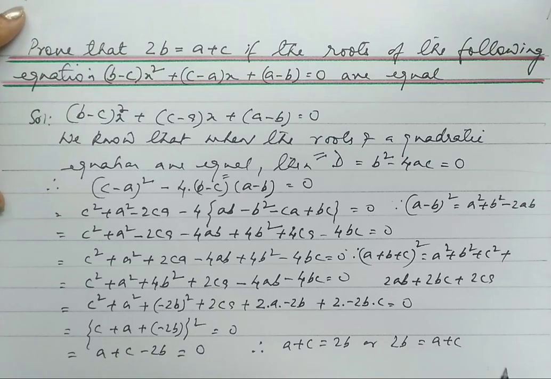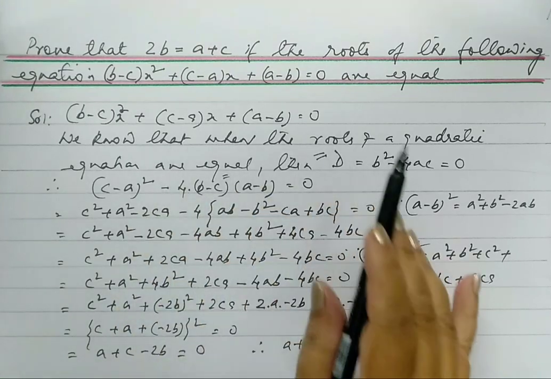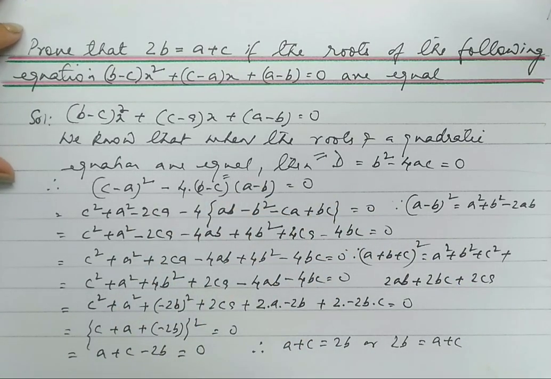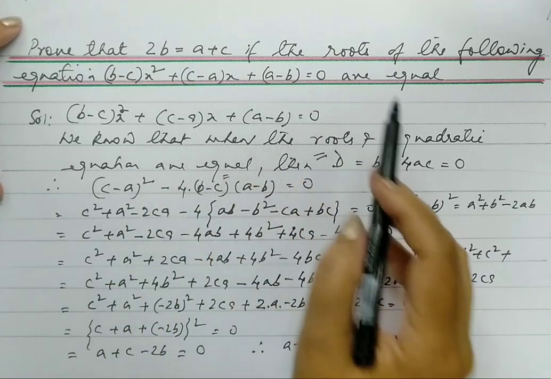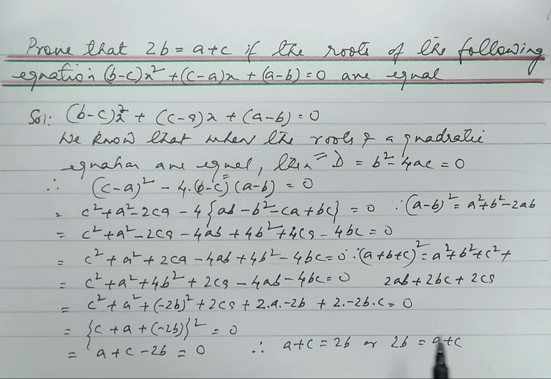Hence proved. Got it? So this is how some of you may get scared by the look of it, but when you straighten it up, it doesn't seem so scary.